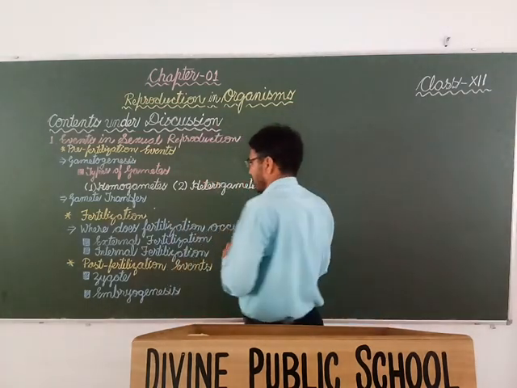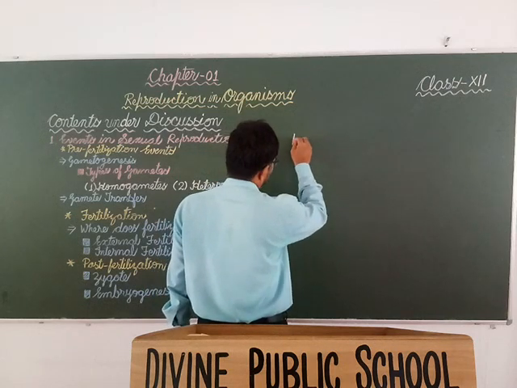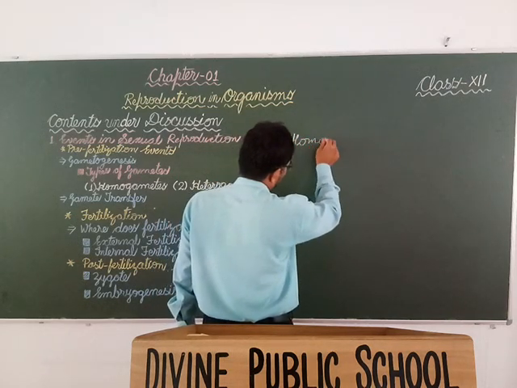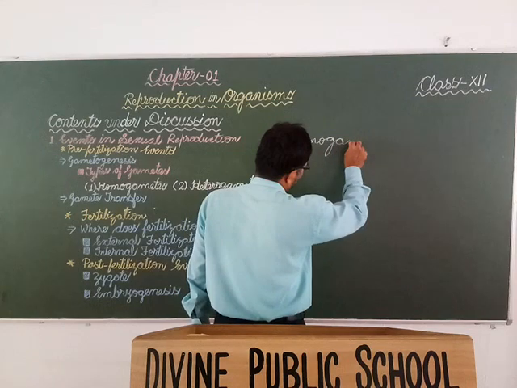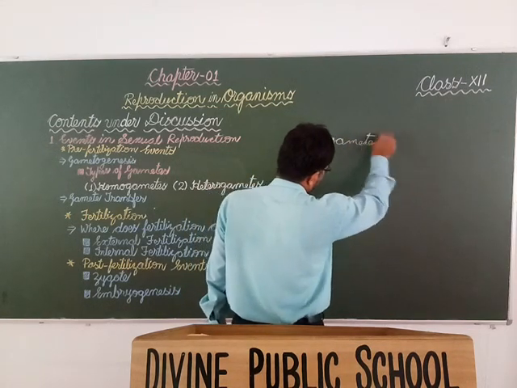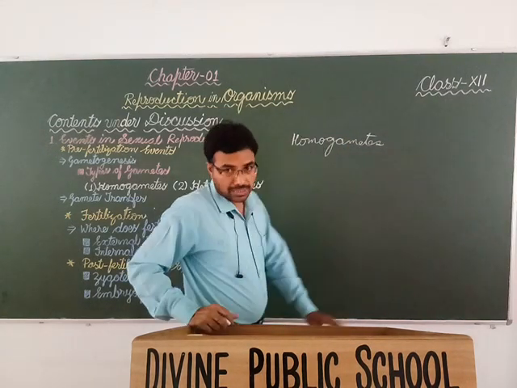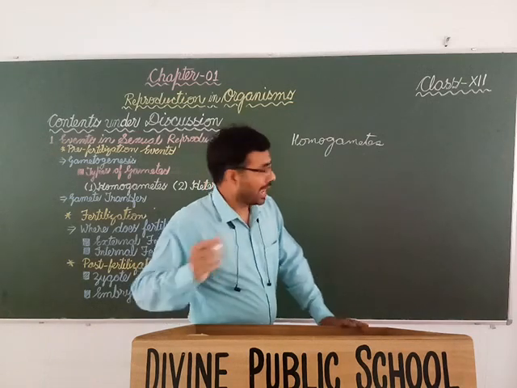One is called homogametes. And the other one is called heterogametes.